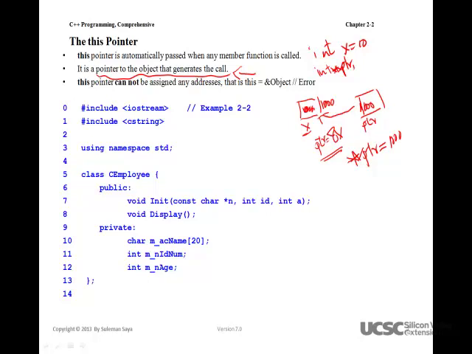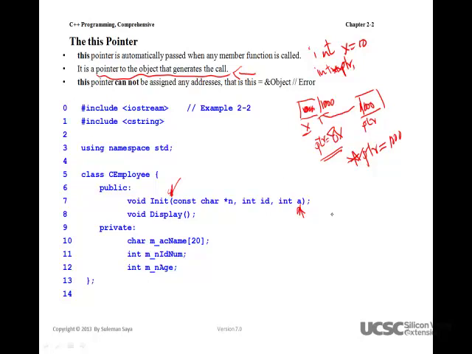But as I told you, during the compilation the compiler will insert a this pointer. Depending upon the compiler manufacturer, sometimes the this pointer is inserted at the end of the parameter list right here, or sometimes at the start of the parameter list.